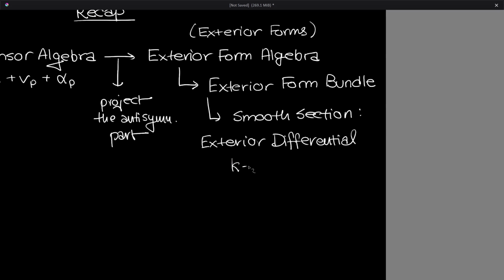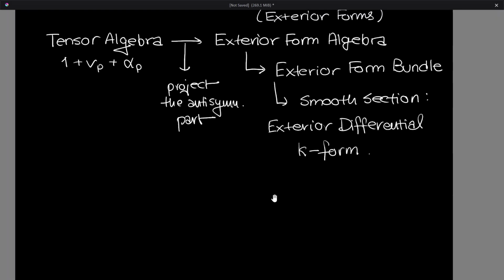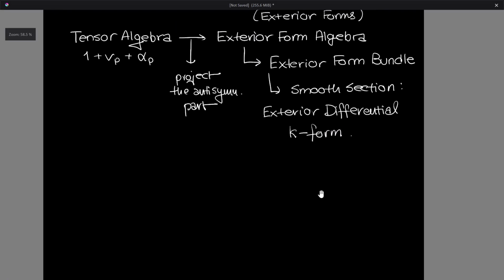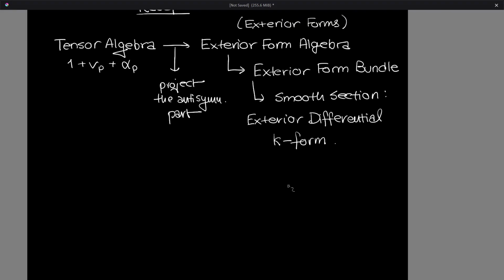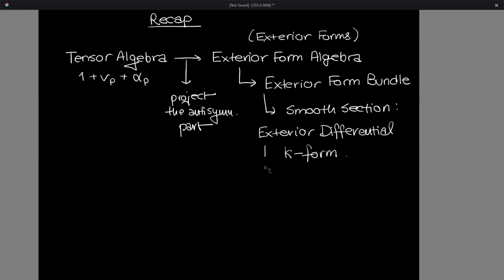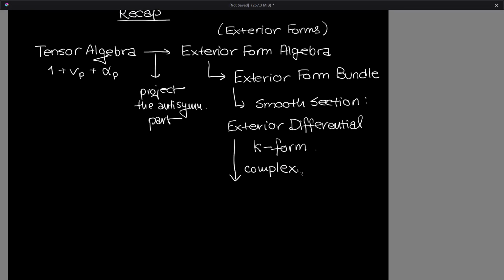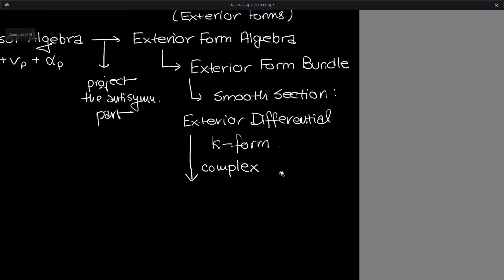In general, it would be an exterior differential K-form. And then, with the exterior differential K-form, we then complexified it. Sorry, this flow diagram is not very balanced, but it'll have to do. So complexification is what we did.